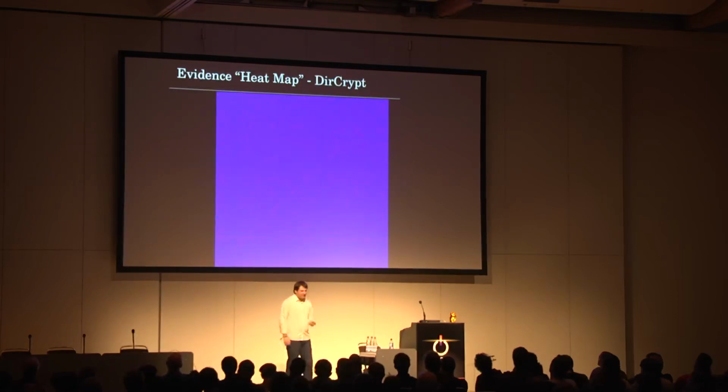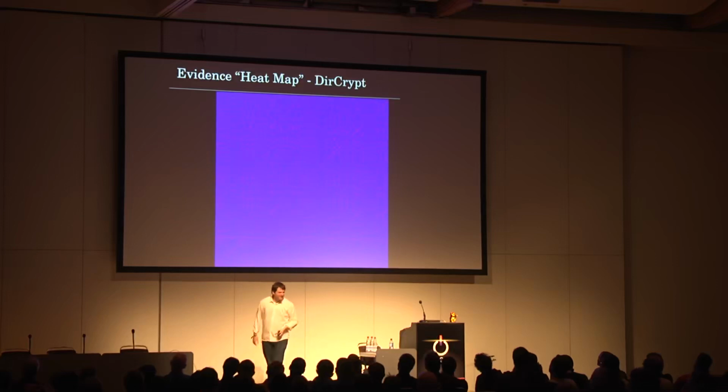And this is the map for the second case. It's a bit more difficult. I don't know if anyone can see it here, but again, you have the main diagonal, and it's trivial. But this is the heat map of two files encrypted by the Decrypt malware that I talked about earlier. The two files were encrypted using the same key stream, so we should be able to see the key reuse.